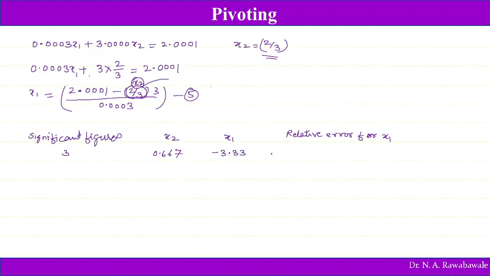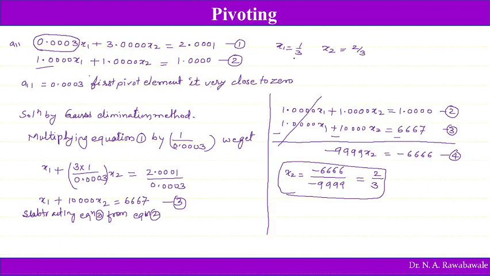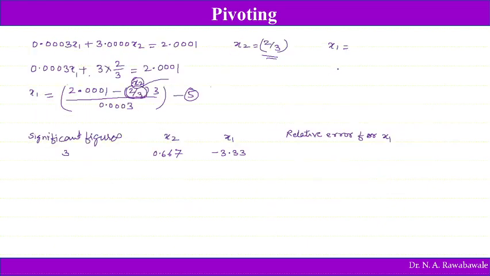And for the error of x1, the exact value of x1 given in this problem is 1 by 3. Now comparing this with 1 by 3, which is the true value, minus 3.33 is the approximate value of x1.